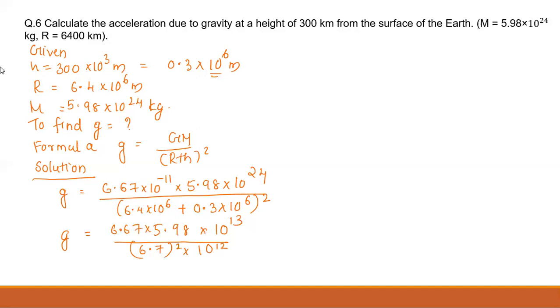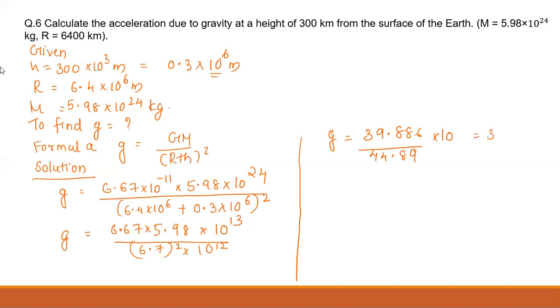Okay, that is 6.67 into 5.98, g is equal to 39.886 upon 6.7 the whole square is 44.89, into 10 raised to 13 minus 12 is 10 will come.